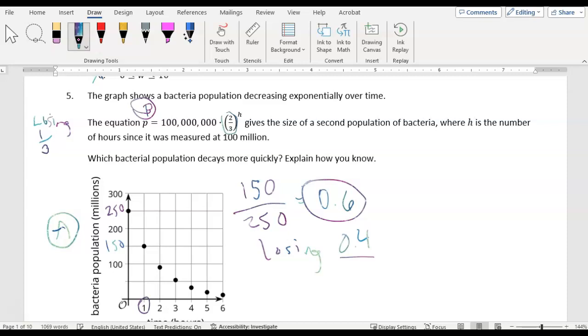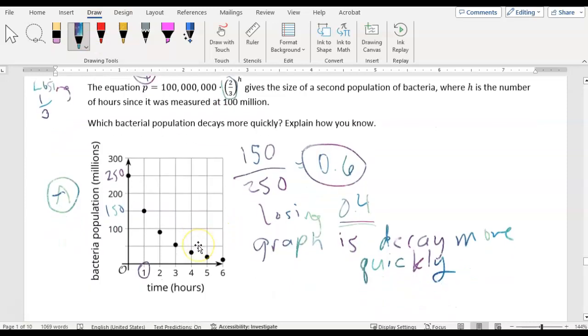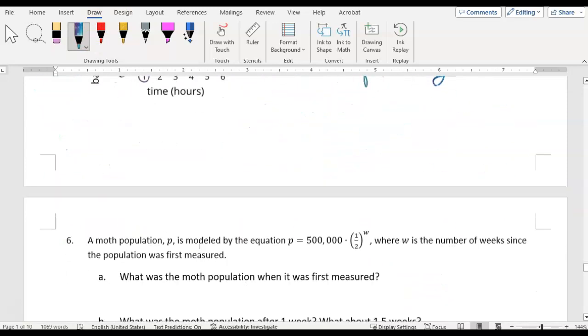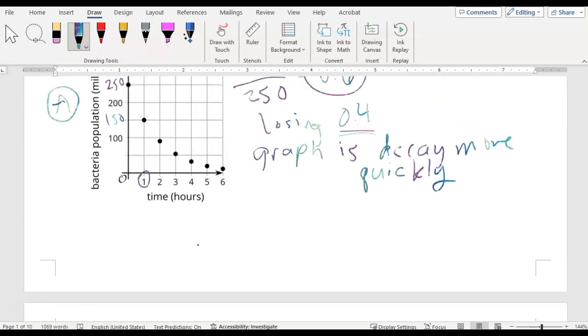And so this would mean that the graph is decaying more quickly because our factor is smaller, which means we're retaining less of what we are starting with. All right. Let's look at the next one. Oh, consecutive. That's the word I was looking for. Consecutive hours. Came to me now.